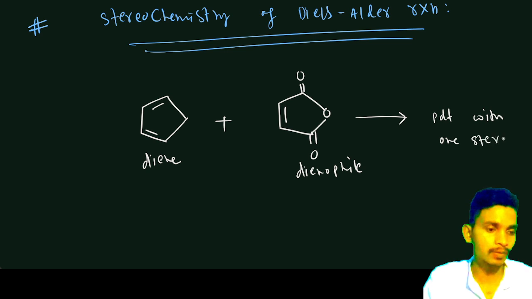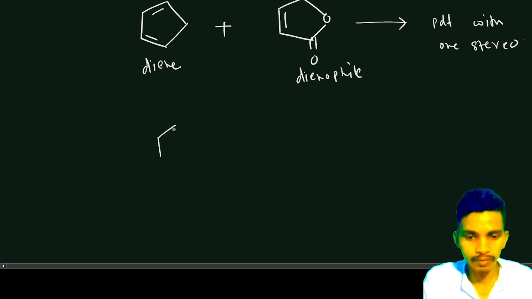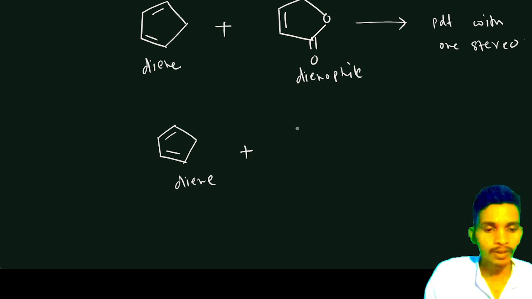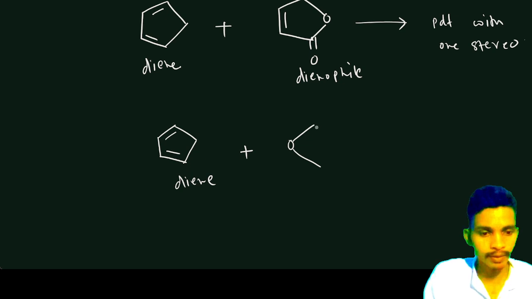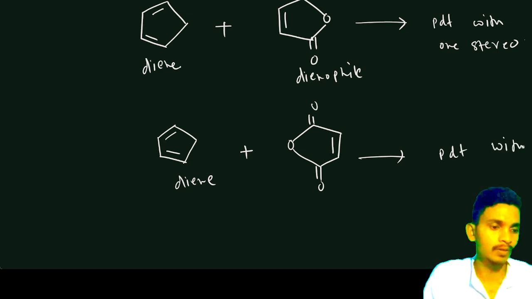And the diene is the same, but now I will reverse the dienophile. Suppose I put the oxygens here and this one, which means I just reverse it, then a product with different stereochemistry will form.